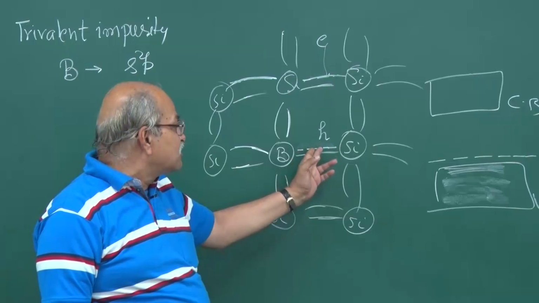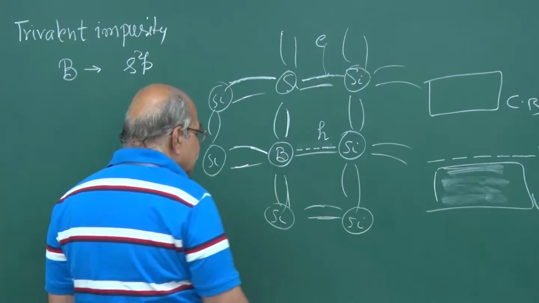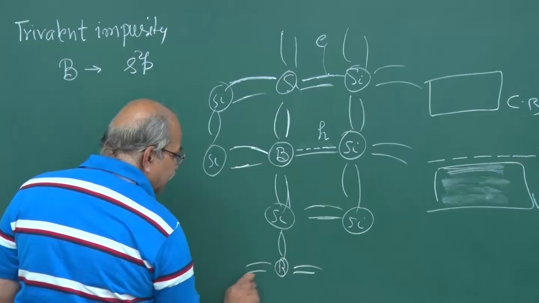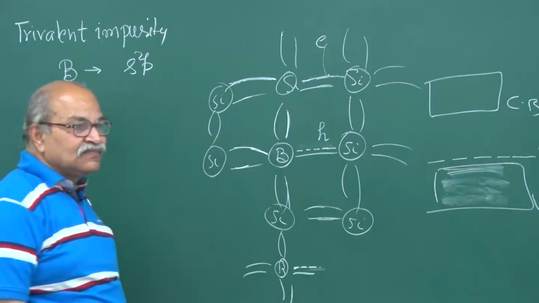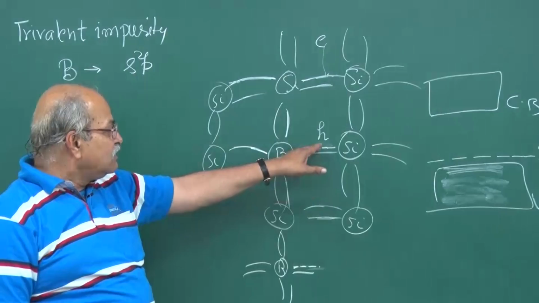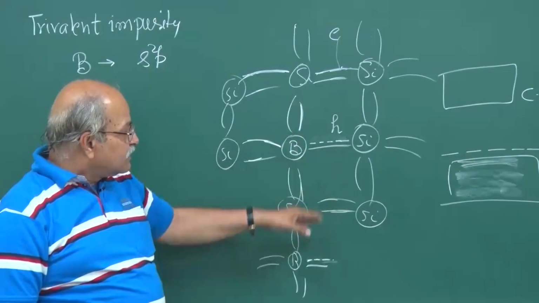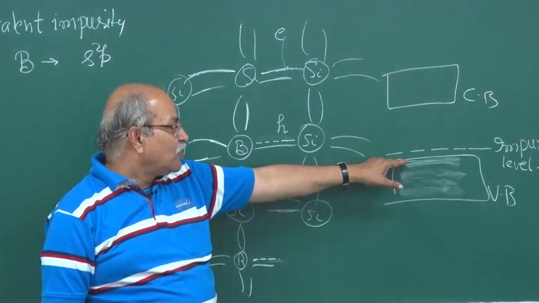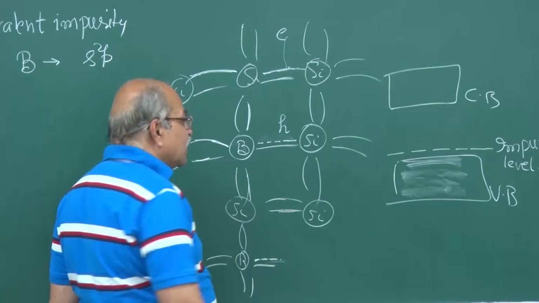An empty quantum state exists with boron. Anywhere you have a boron, one of the quantum states will be empty. So you are creating new and empty quantum states, the energy of which will be slightly higher than the top of the valence band. And how much higher?